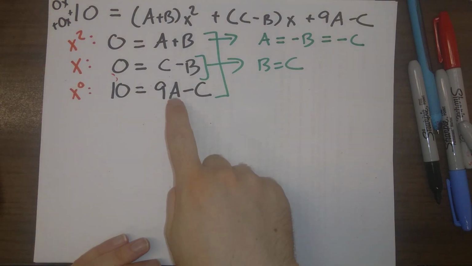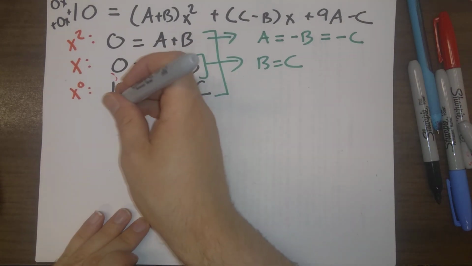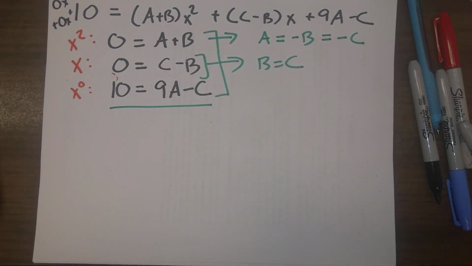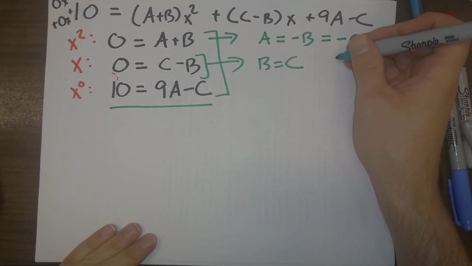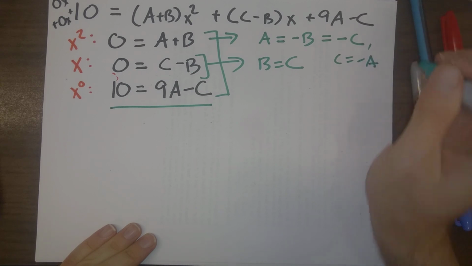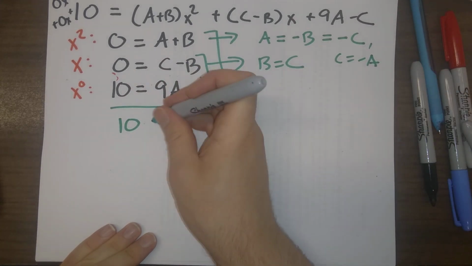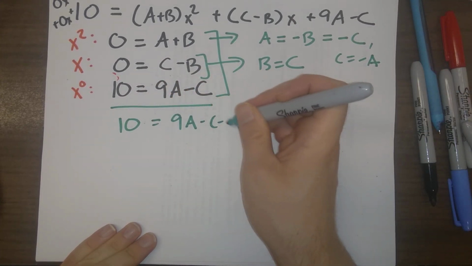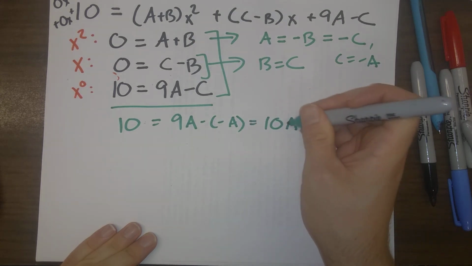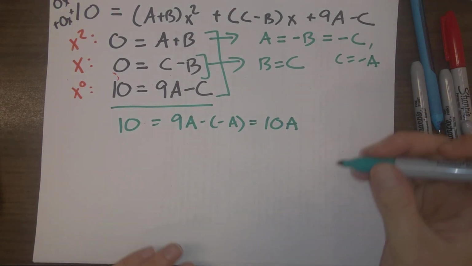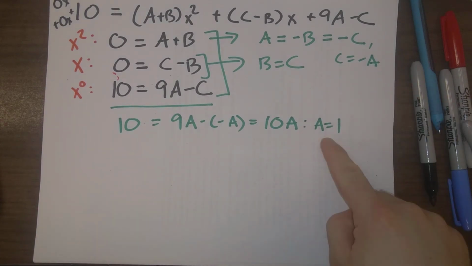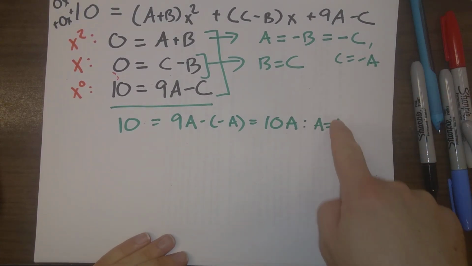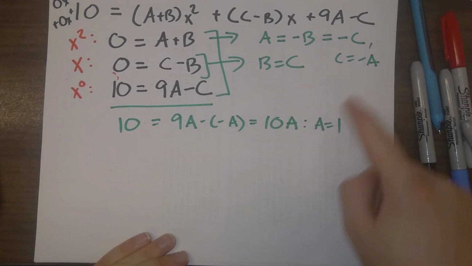Then looking at 10 equals 9a minus c: if a is equal to minus c, then c is negative a, so 10 is equal to 9a minus a. So 10 is equal to 10a, and a is equal to 1. And if a is equal to 1, that forces b and c to both be negative 1.